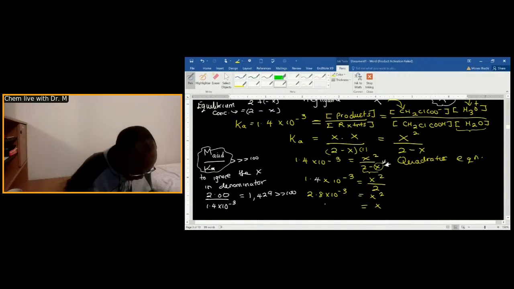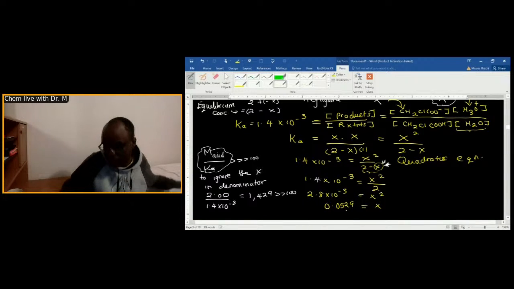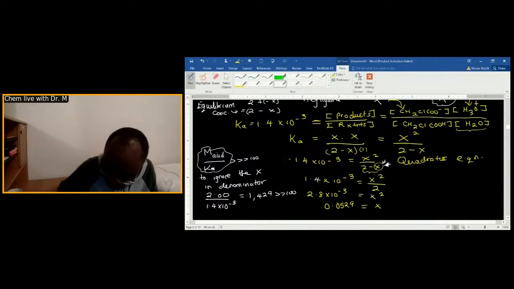You'll find that X will be equal to 0.0529. By the way, if you decide to solve this expression by the quadratic equation process, you still get the answer to be close to this. So this is the value of X.